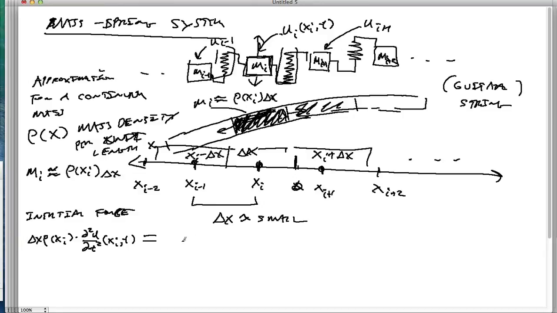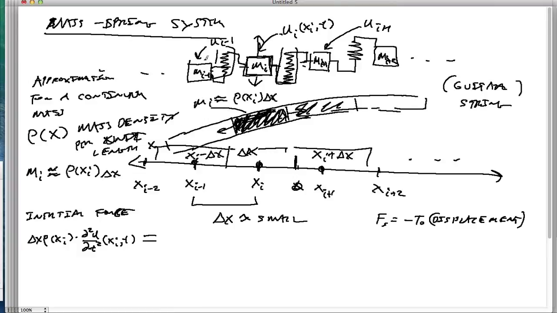So what we can write down here is that, just like before, the force of a spring is going to be negative k times the displacement, or sorry, negative T naught times the displacement. So what is that displacement? Well, it's the difference between the two positions here. It has to do with the relative heights of mass i with mass i plus 1, and also the relative height of mass i with i minus 1.